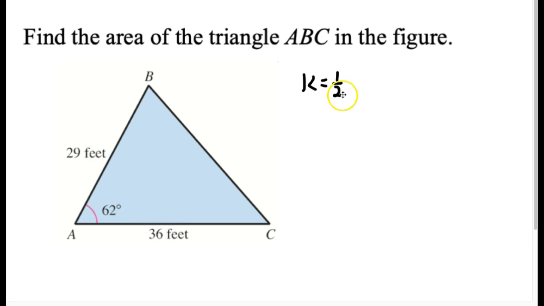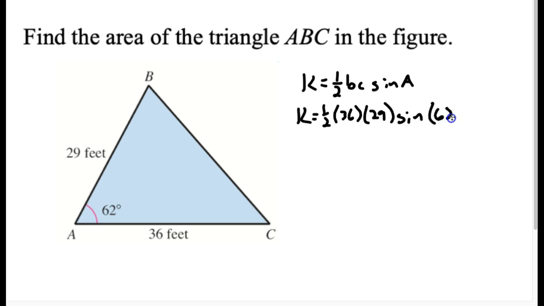The two sides we have are B and C. So 1/2 BC times the sine of the angle in between them. So that's going to be 1/2 times 36 times 29 times the sine of 62 degrees, and we can just plug that into the calculator.